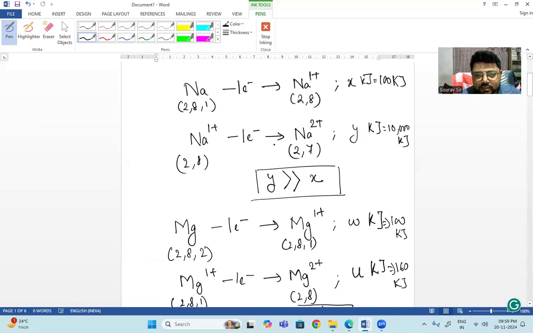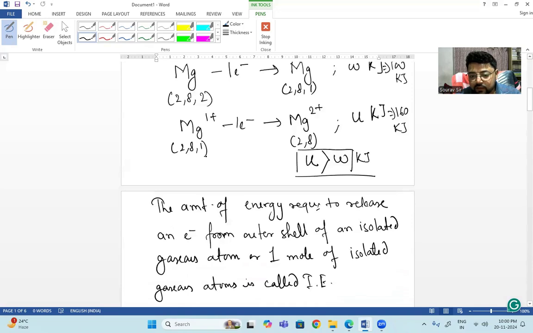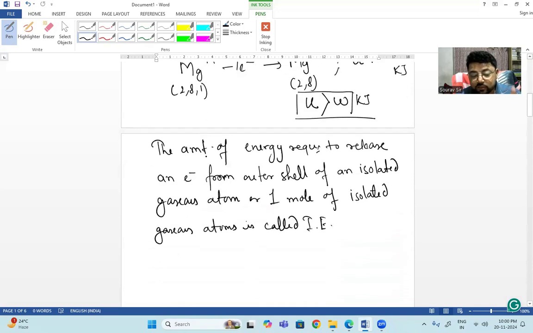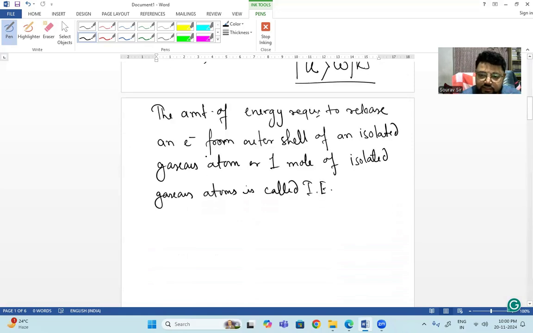But in the first example of sodium, the first electron is being removed from the third shell, but the second electron is being removed from the second shell. So this is the main difference between the successive ionization energies and the first ionization energy.